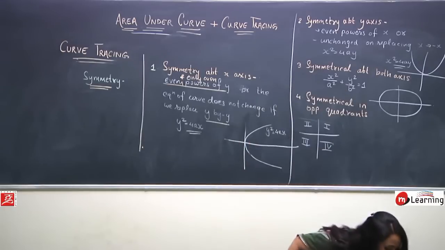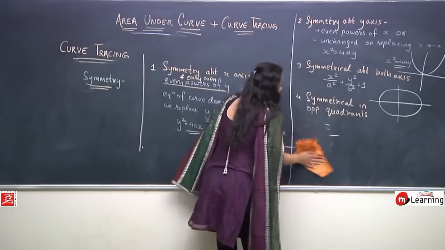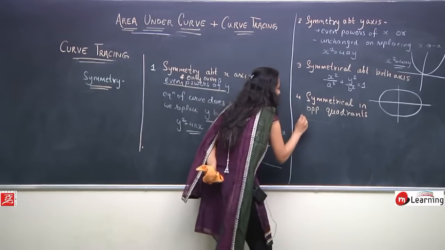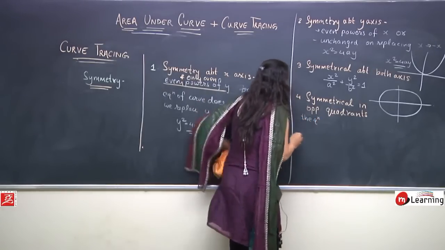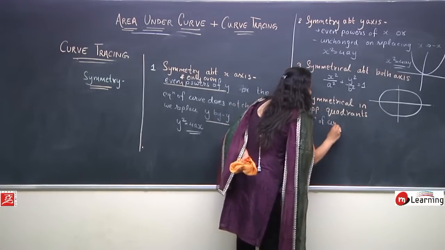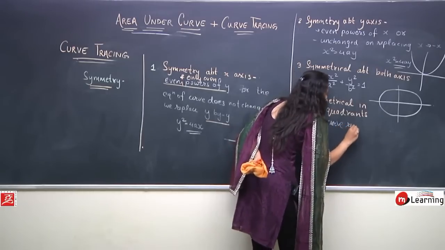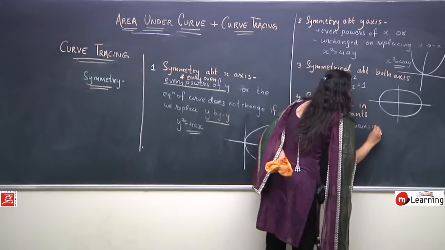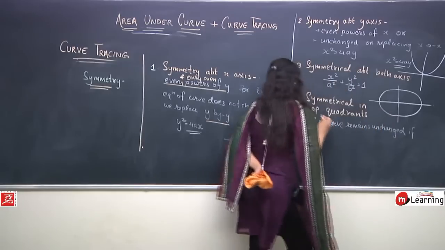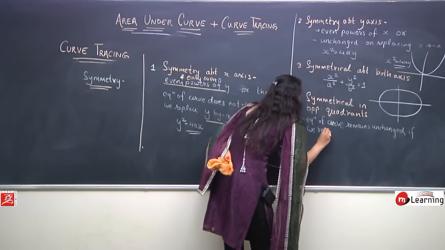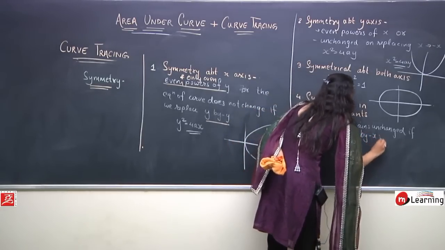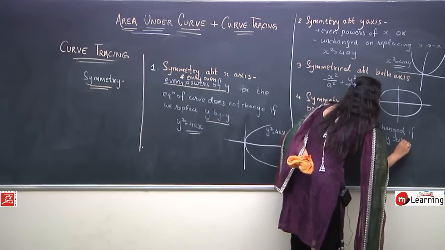And what is the condition of this? The condition for this is, for a curve to be symmetrical in opposite quadrants, the equation of curve remains unchanged if we replace x and y by minus x and minus y respectively.